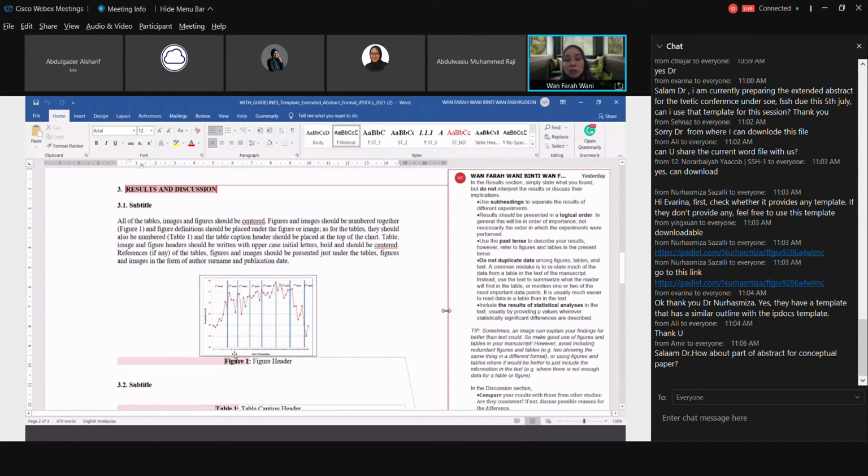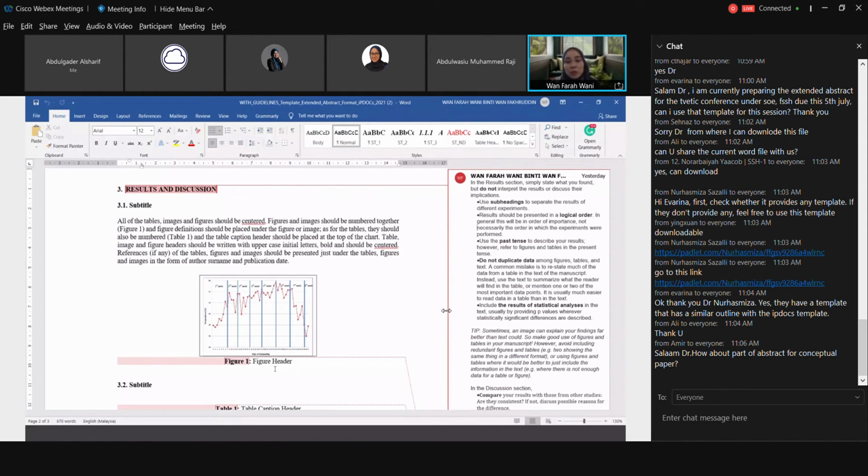So when you refer to the figure, it's supposed to be in present tense, but when you talk about your result, it should be in past tense. And do not duplicate data among figures and tables. Usually this is because it's hasty work, you just bulldoze everything. So don't do that.